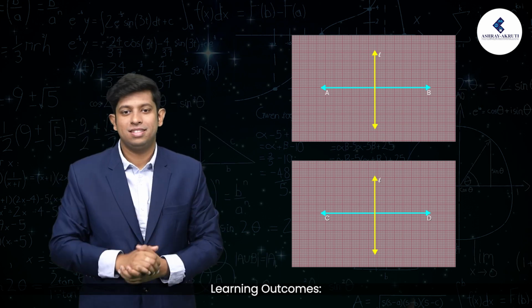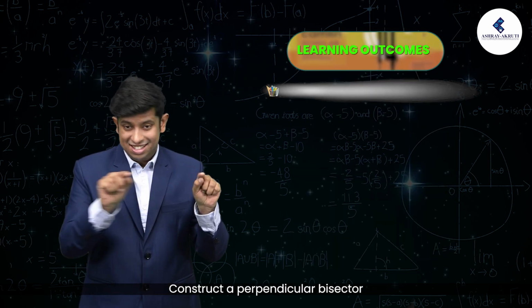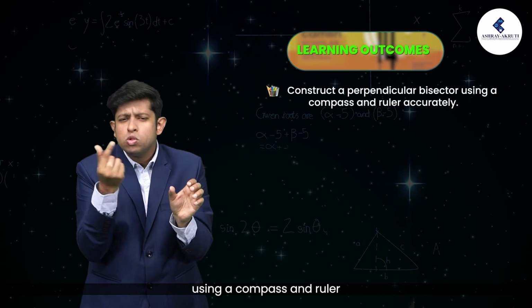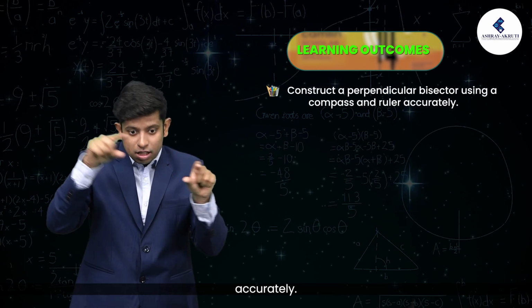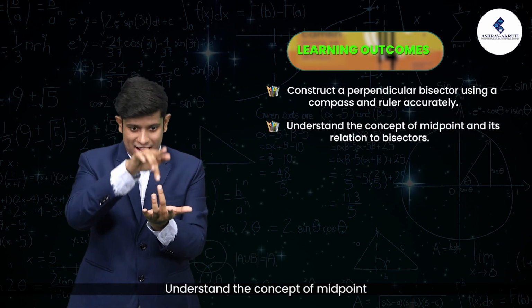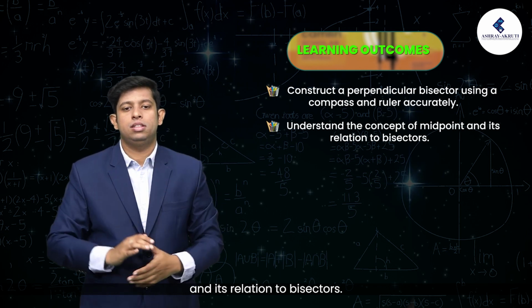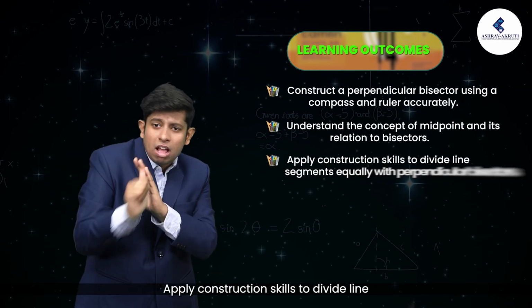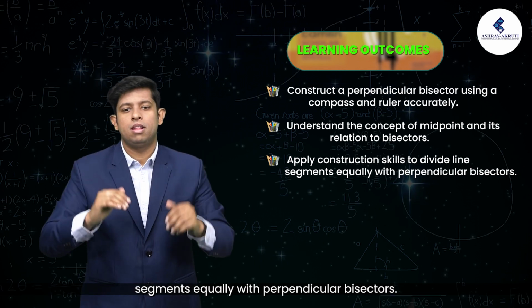Learning outcomes. At the end of this lesson, you will be able to construct a perpendicular bisector using a compass and ruler accurately. Understand the concept of midpoint and its relation to bisectors. Apply construction skills to divide line segments equally with perpendicular bisectors.